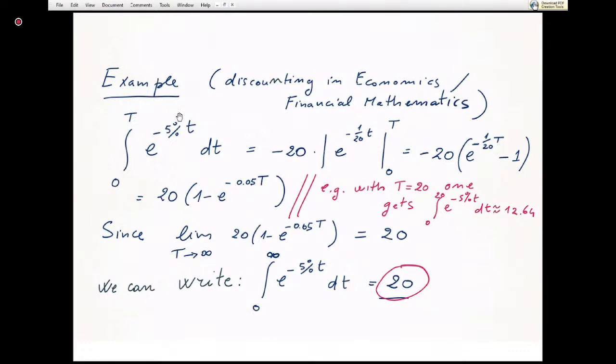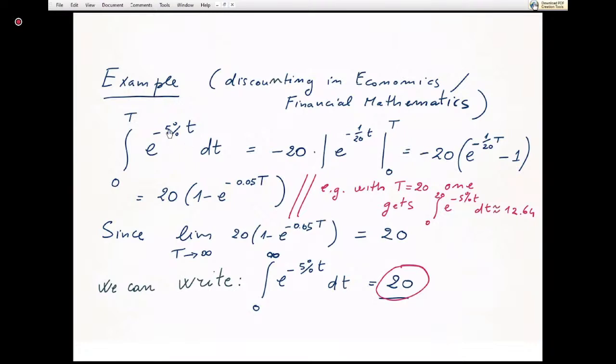This is called discount factor. So basically, apart from this interpretation, this is the integral between 0 and capital T of a constant flow, unit flow in this case, times a discount factor, which is a function of time, of course, dt.